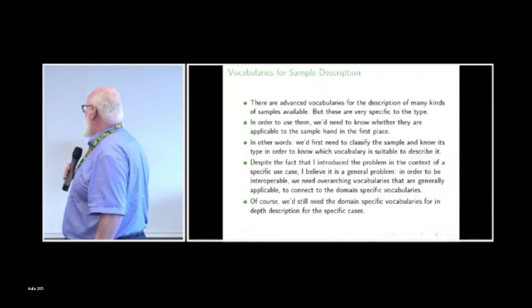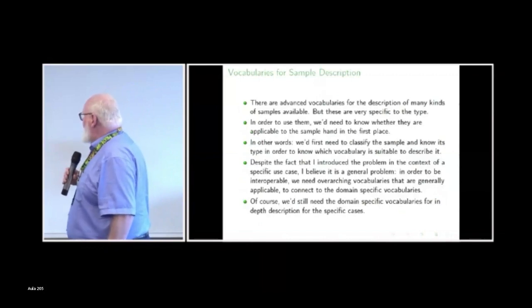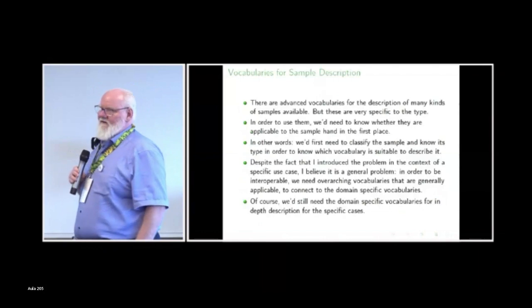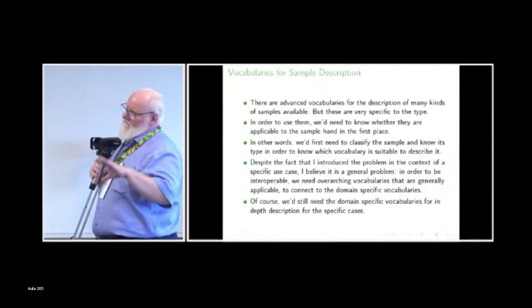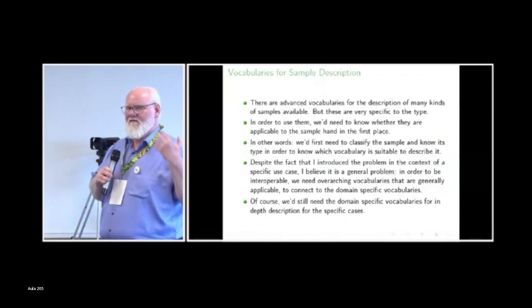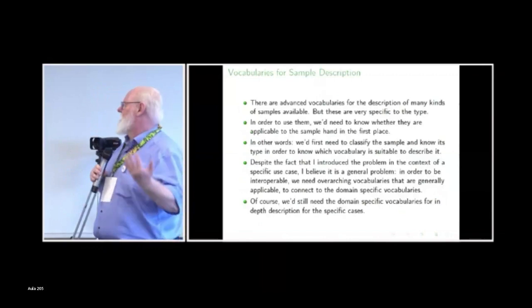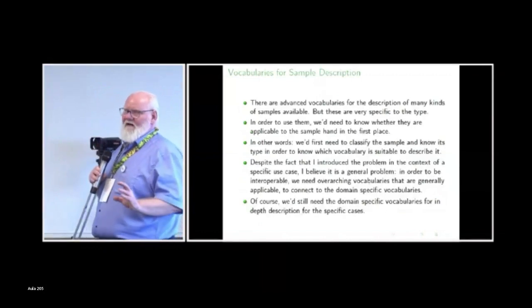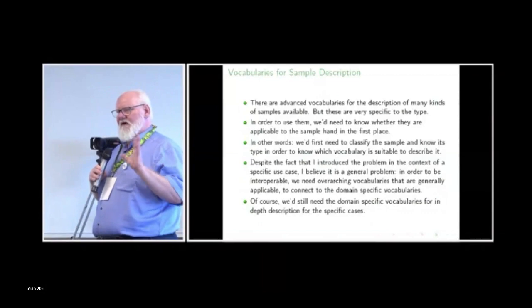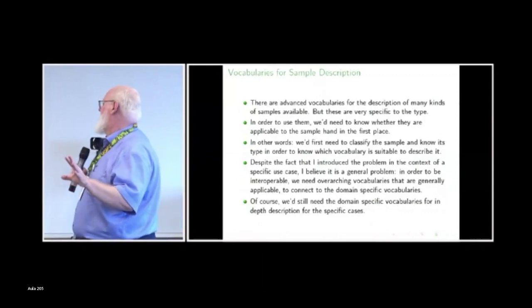And obviously there are vocabularies for sample description around. There are lots of scientific domains that have their vocabularies to describe their samples. But these descriptions are always specific to one particular sample type.